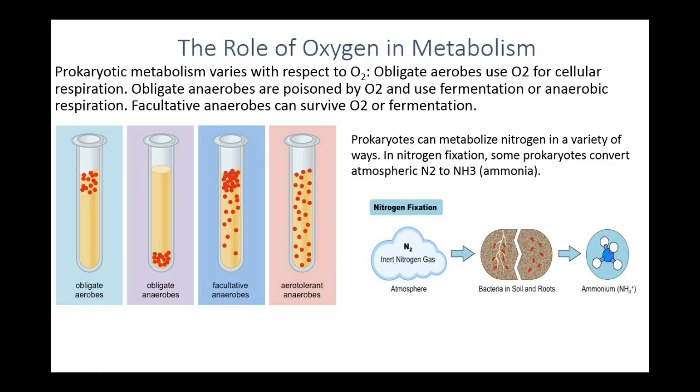They'll convert atmospheric nitrogen into ammonia, and particularly in terms of bacteria in the soil, that will then put that nutrient nitrogen into the soil for the next set of plants that are put in there.